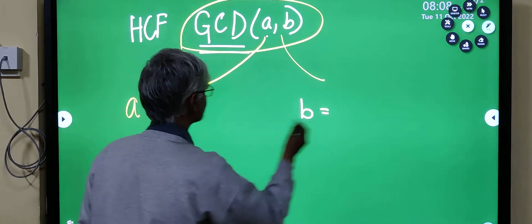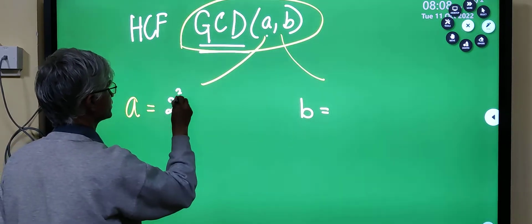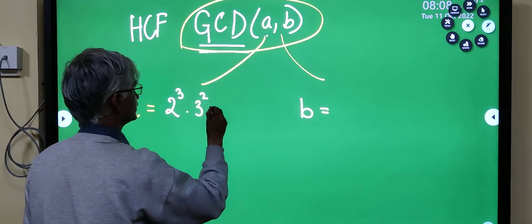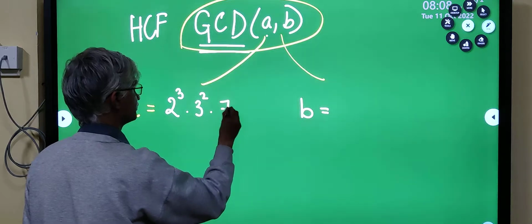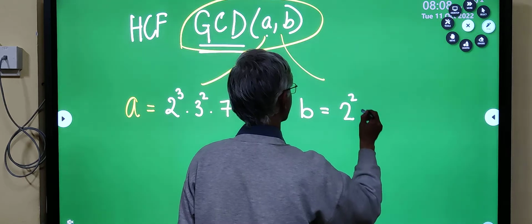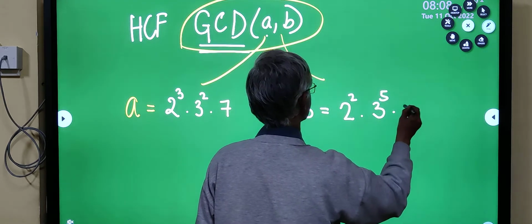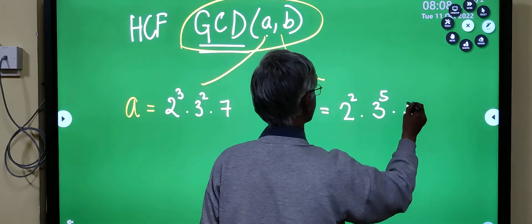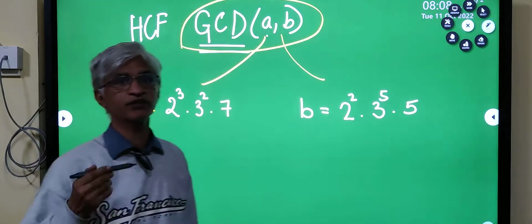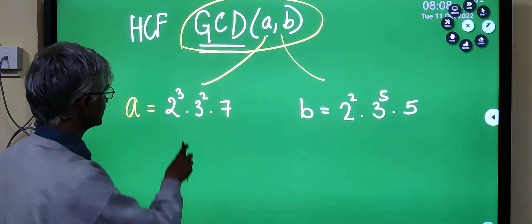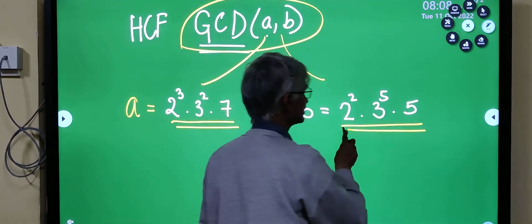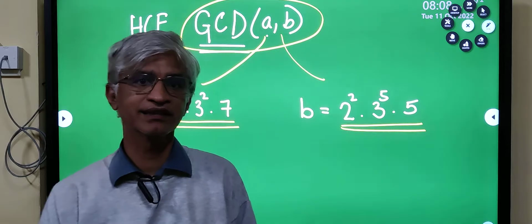So, just to take an example, if this first number is 2 raised to 3 into 3 squared into 7, and the second number is 2 squared into 3 raised to 5 into 5, and if one were to find out, this is the crudest way to find the greatest common divisor. The crudest way is to actually do the prime factorization, but theoretically I feel that it is important to understand the GCD in these terms.